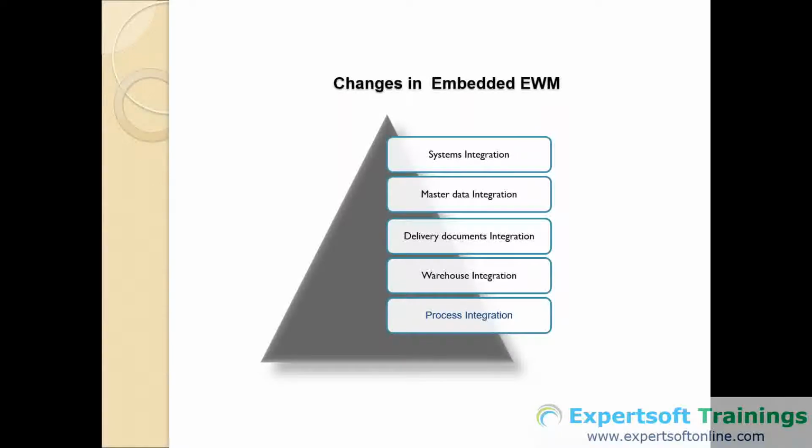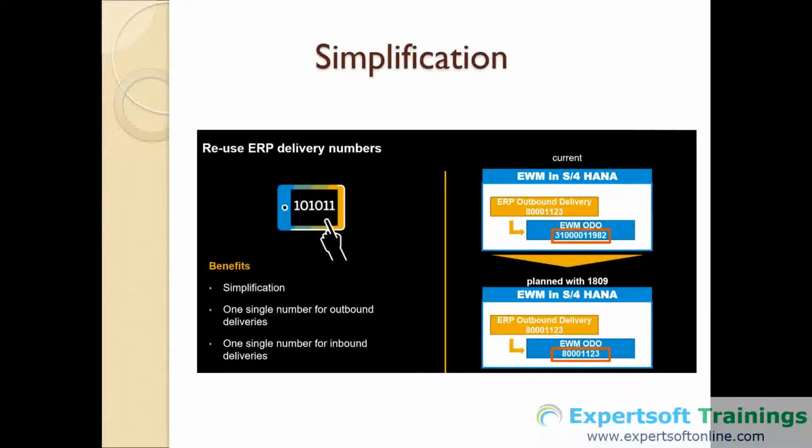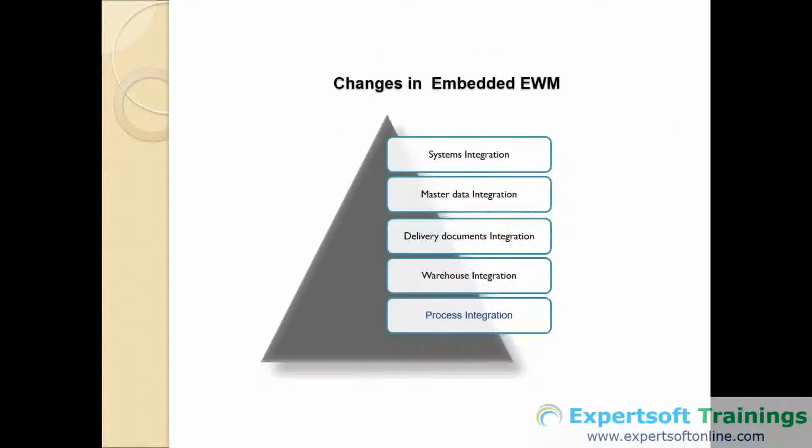In the embedded systems, these are the areas we will be discussing: systems integration, master data, delivery documents, warehouse integration, and process integration. When we talk about systems integration, as I said, the landscape comes into the picture.